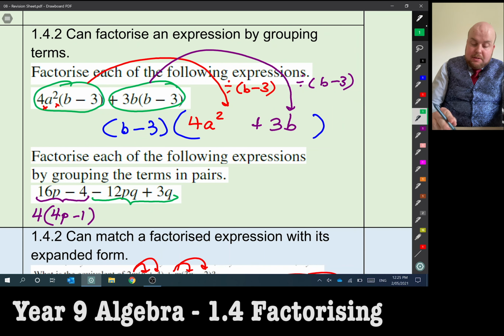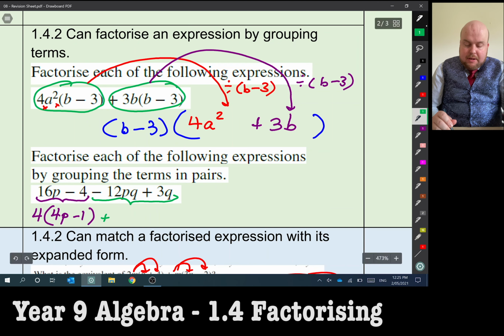Now what we're going to do is we're going to go and factorize here. I'm actually going to do the wrong answer first to show you what to do. So here I've got a negative 12 and a 3, and I've got PQ and I've got a Q. So what could be an answer if I was to divide both by positive 3Q?